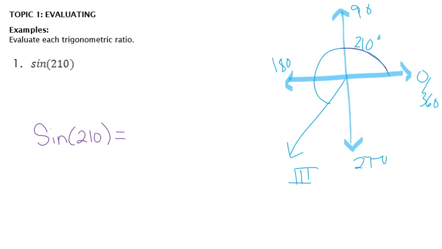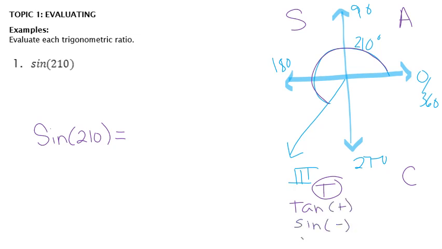Looking at all Slurpees taste cold, or all students take calculus, in quadrant 3 we have tangent as positive, which means the other two are negative. So our sine for this is going to be a negative value.